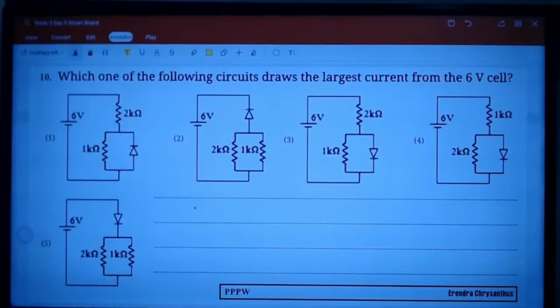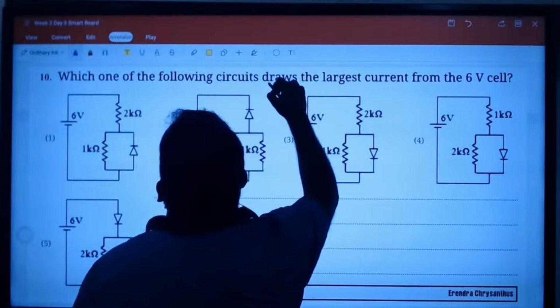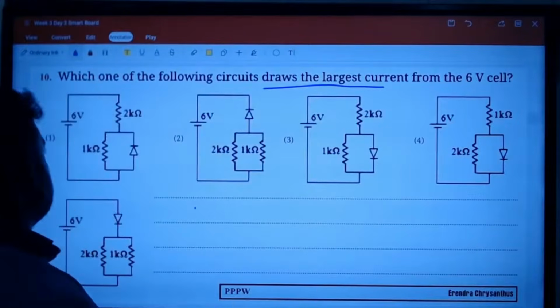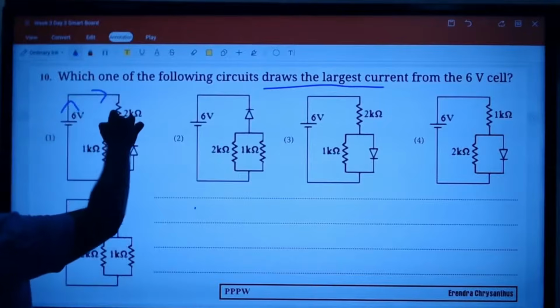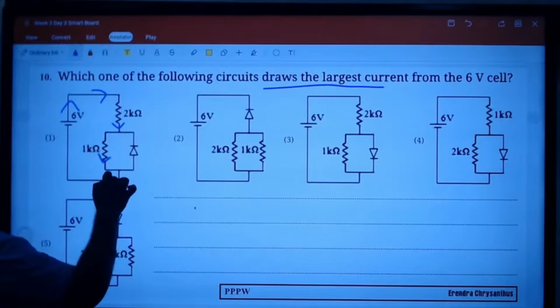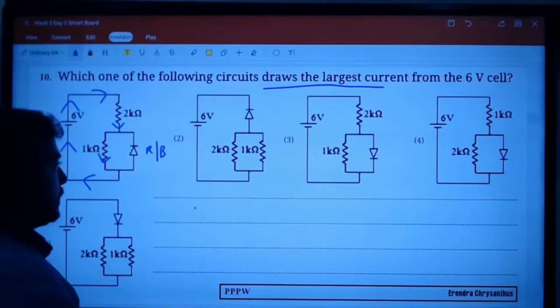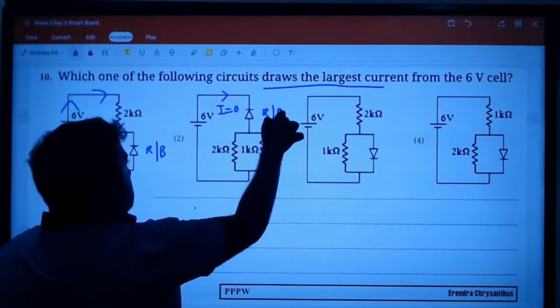Which of the following circuits draws the largest current from a 6 volt source? Larger current means smaller resistance. Current will travel this way. It can't go the other way because of reverse bias, so the current in that branch is 0.